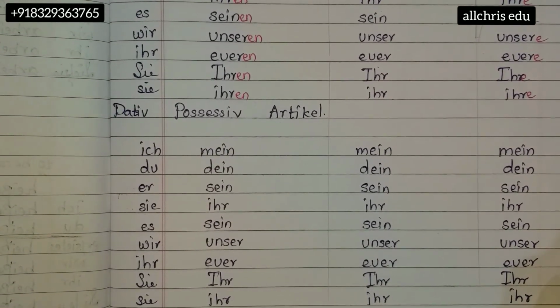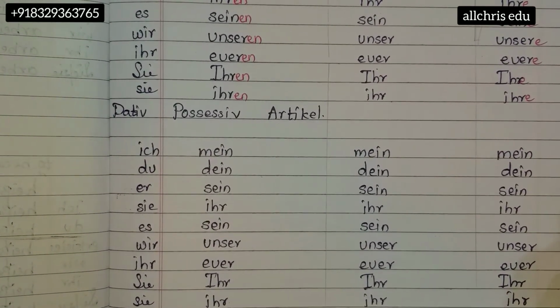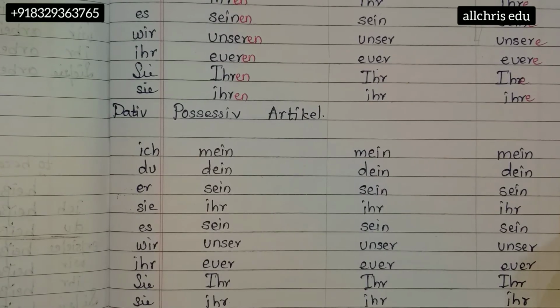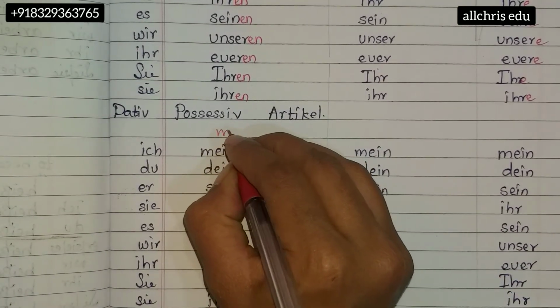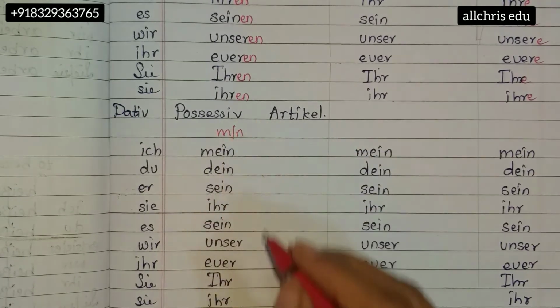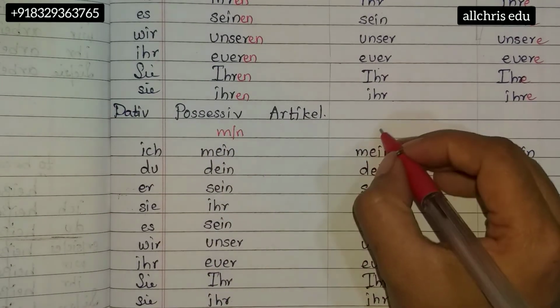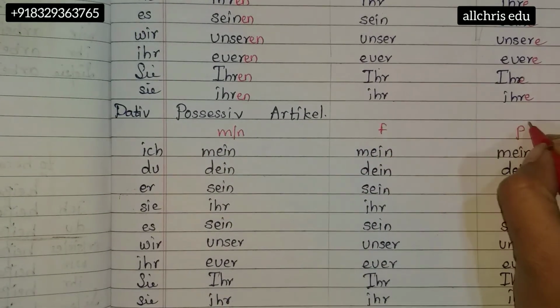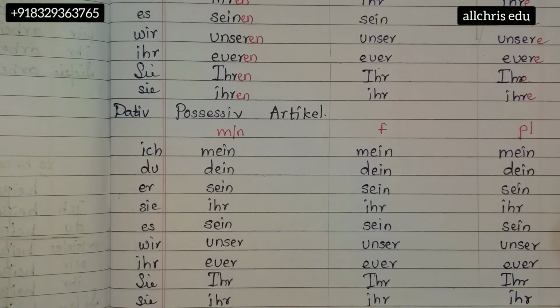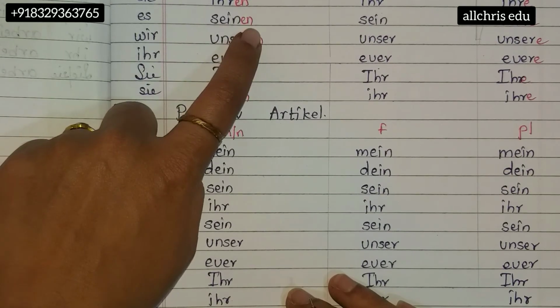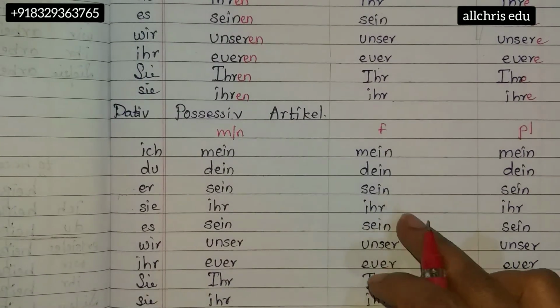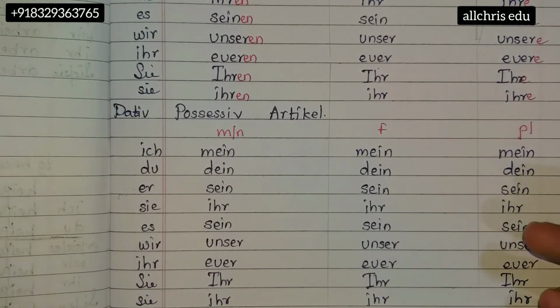Now comes the time of changing the endings. Now here what happens? Here again 3 columns you can see, but this time male and neutral will get back together again, and female and plural will be separated. Yeah. So once in the accusative we separated male and neutral, and down we are separating female and plural. So that way you can keep in mind.